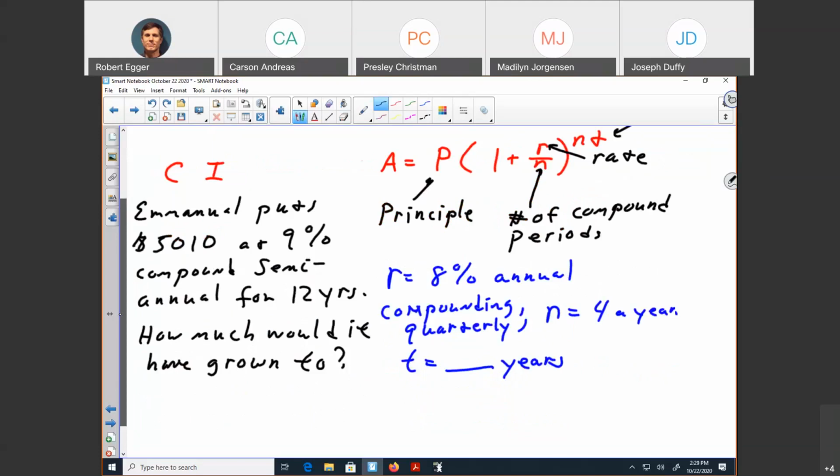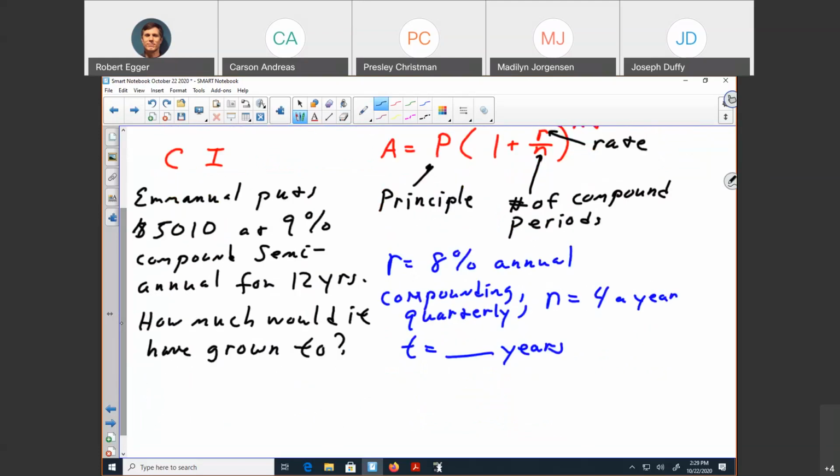Okay, well, from the problem, I know P is 5,010. R is 9%, which is 0.09 as a decimal. Another thing people forget, they forget to change to a decimal.